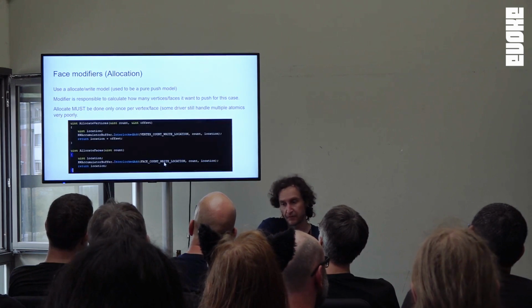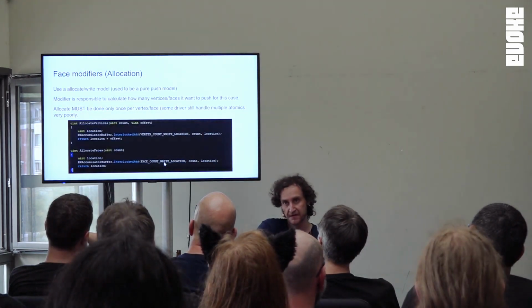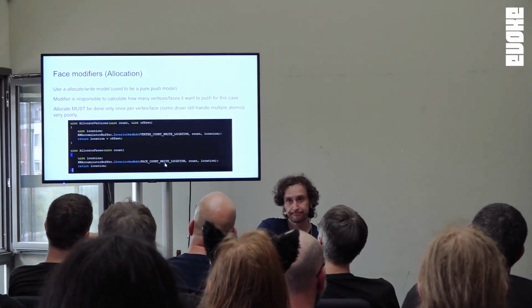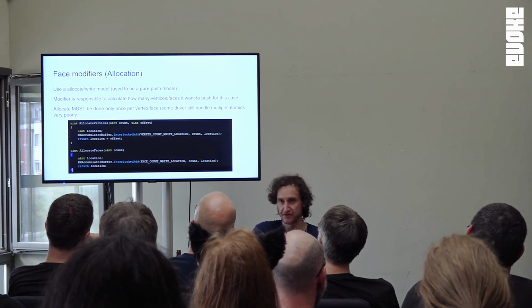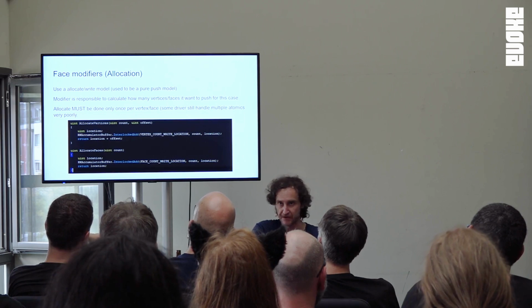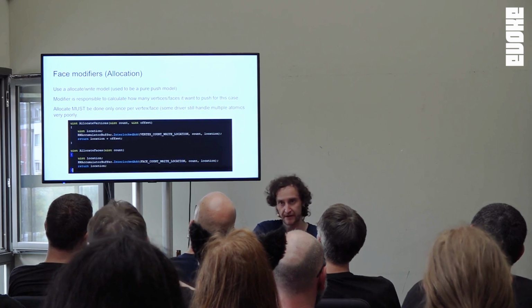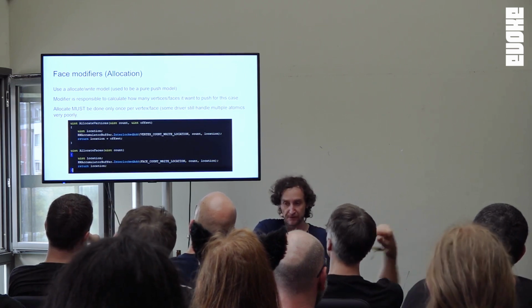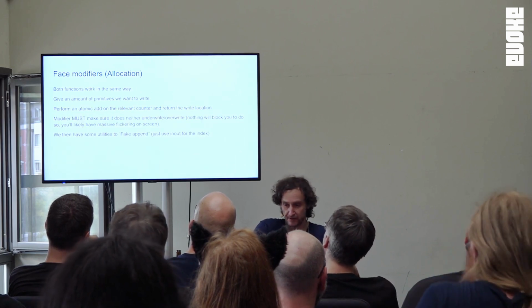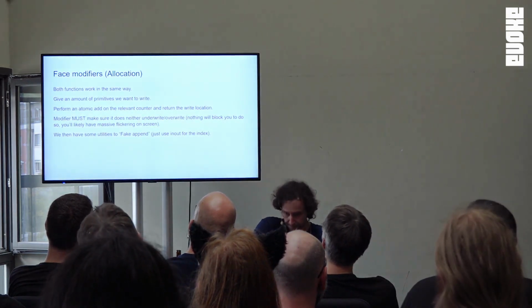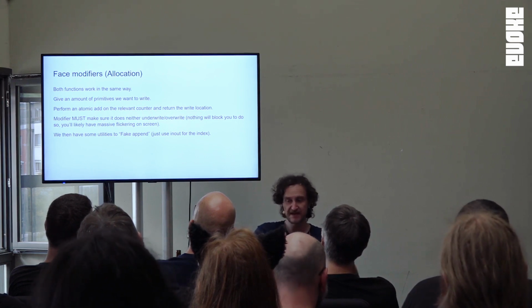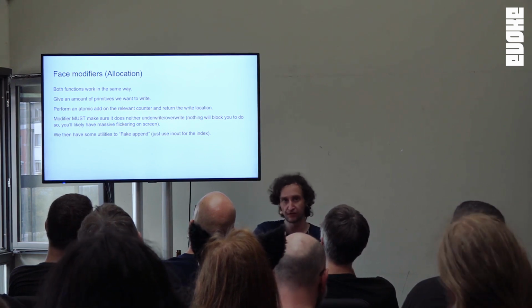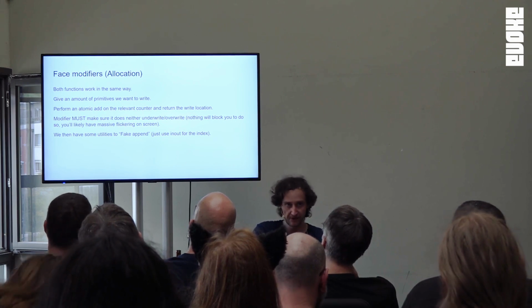If you, for example, say I allocate 5 vertices and you write 6, then you're going to have massive flickering because there's no bounds check, the pipeline does nothing for you, and you're going to have no warning. So it's pretty unforgiving, but it's still pretty powerful. We still have a bunch of utilities to do fake append, but if we do one append too much, we get flickering again.